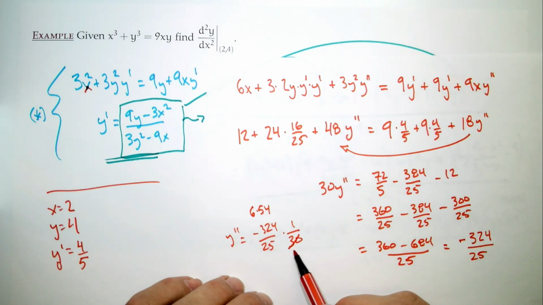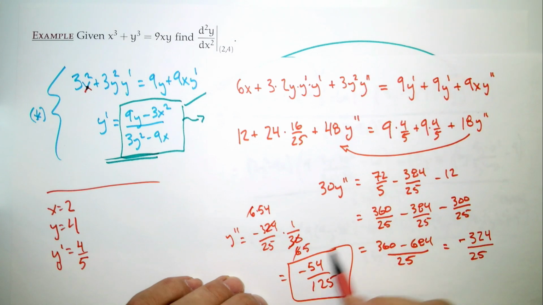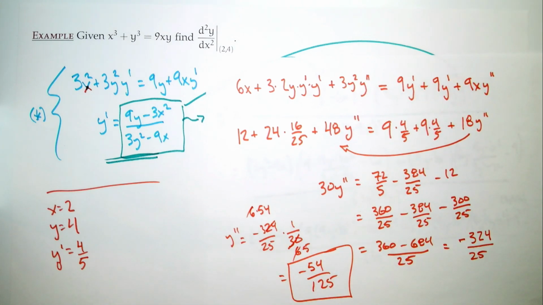And 30 turns out to be 6 times 5. So you can cancel off some 6's. So we end up with negative 54 over 125. Good. Done. And that's our second derivative. Okay. Well, at least it's nice to know we can do it.